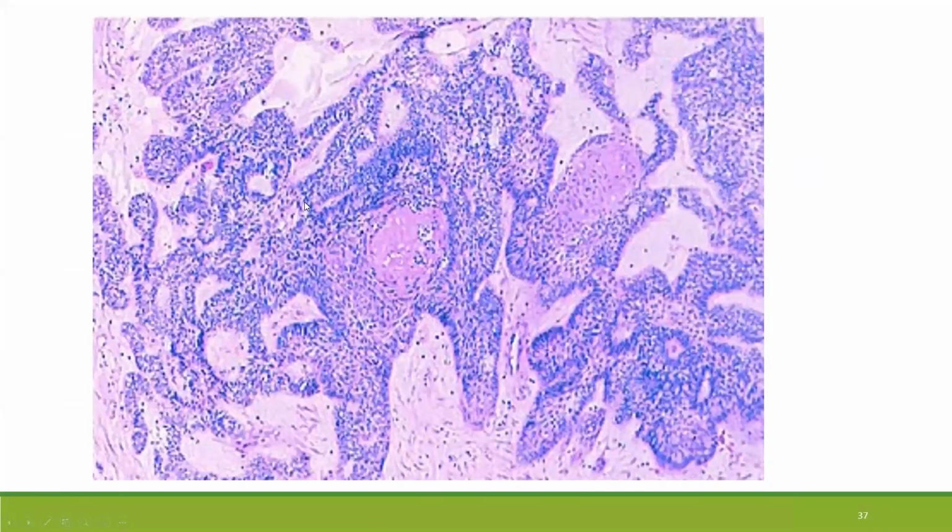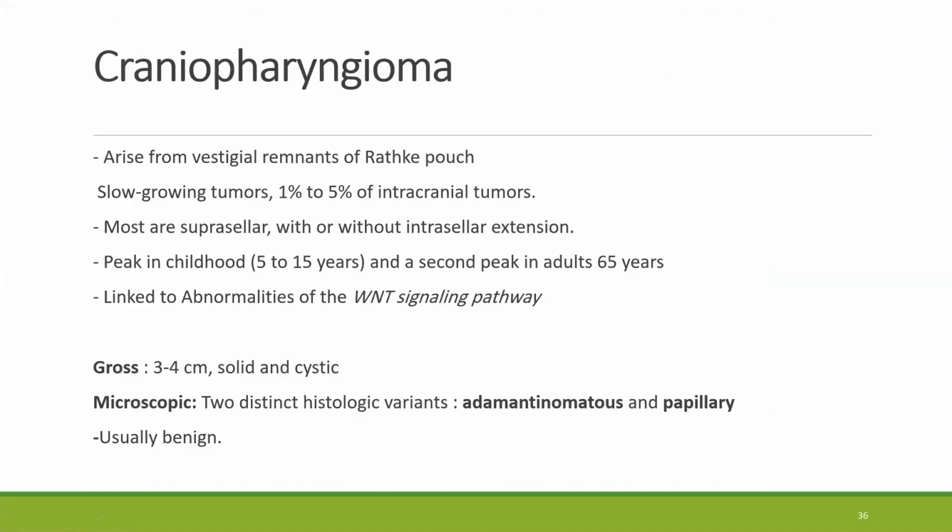Histologically, this is the typical morphology of craniopharyngioma: basaloid epithelium, and in areas we see squamous-like epithelium. So basaloid-like epithelium with palisading, and in some areas what looks like squamous epithelium. So remember, craniopharyngioma is really a common lesion.